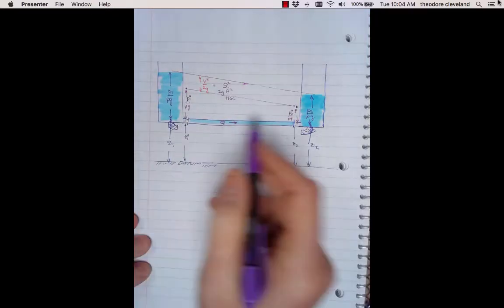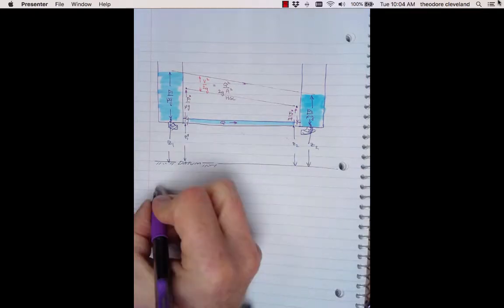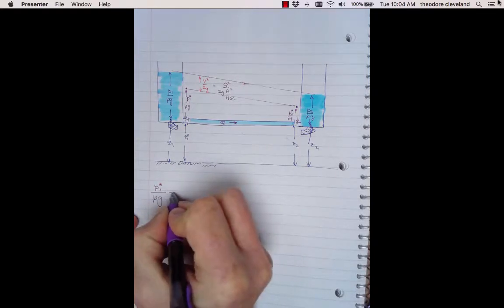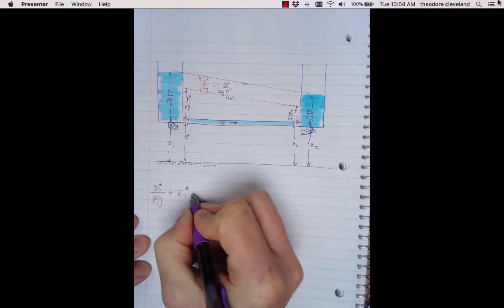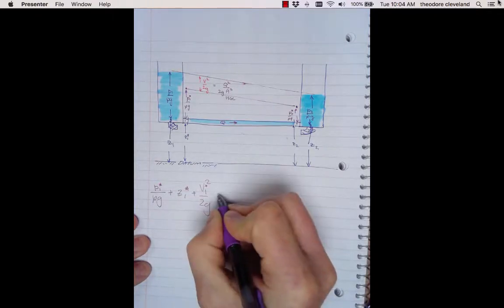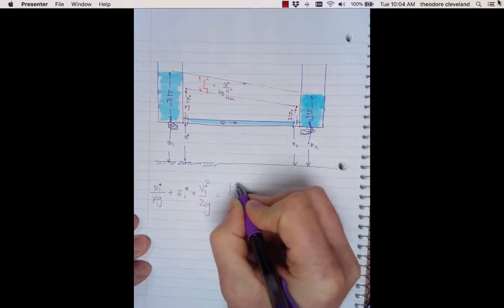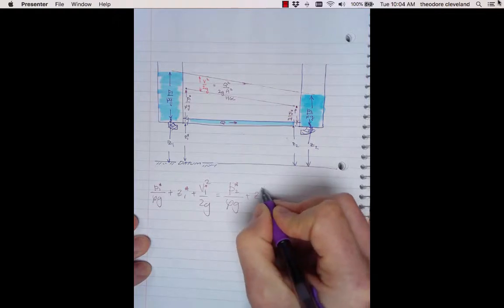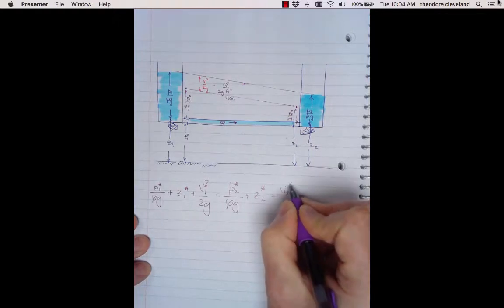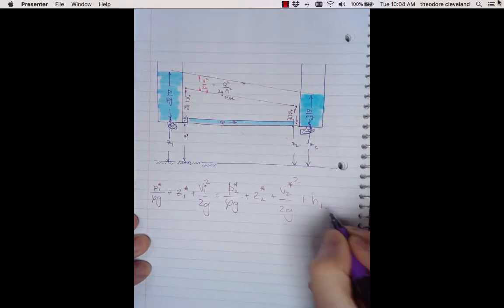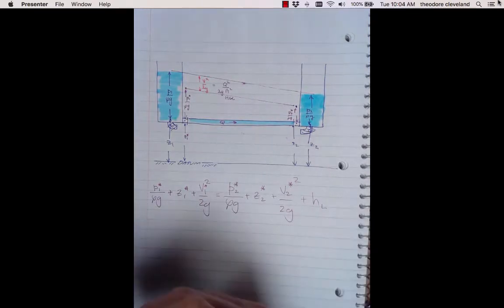And if we wrote the energy equation for the pipe, we'd have P1 star over rho G plus Z1 star plus V1 star squared over 2G equals P2 star over rho G plus Z2 star plus V2 star squared over 2G, and then plus any head loss going from 1 to 2.